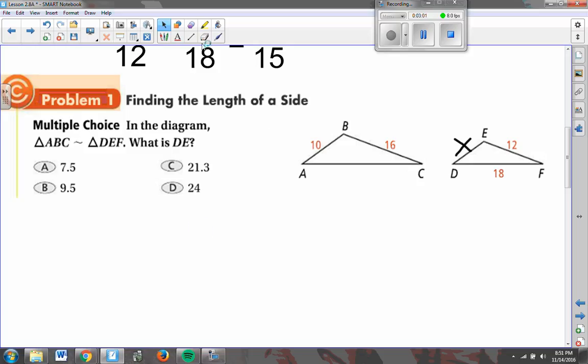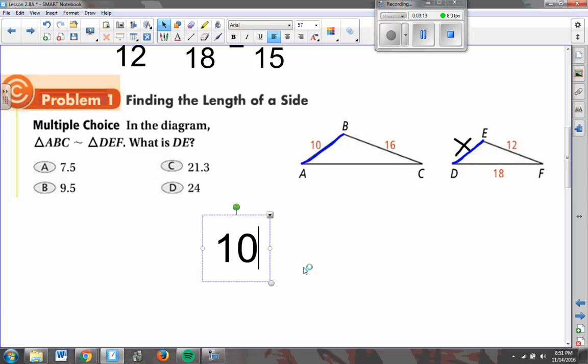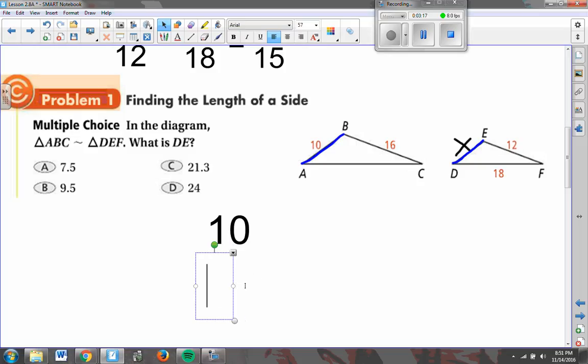If I look at the side that they want me to find, which is this x right here, DE, that side is in the same position as the 10 in the other triangle. So 10 over x would be a ratio of two corresponding sides of these two different triangles.